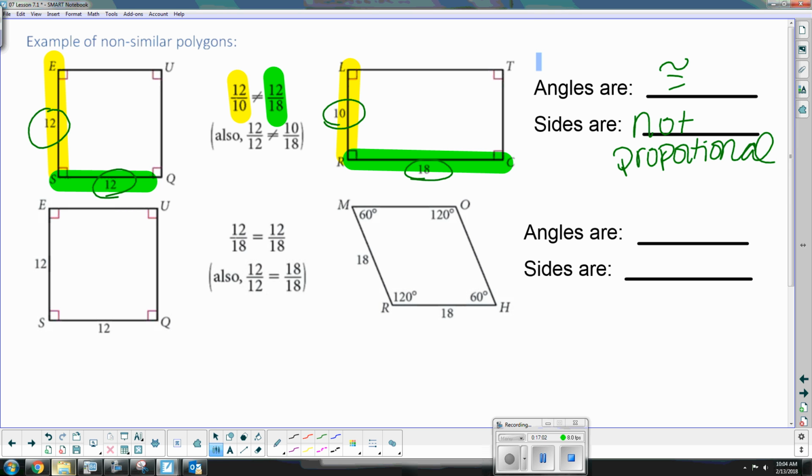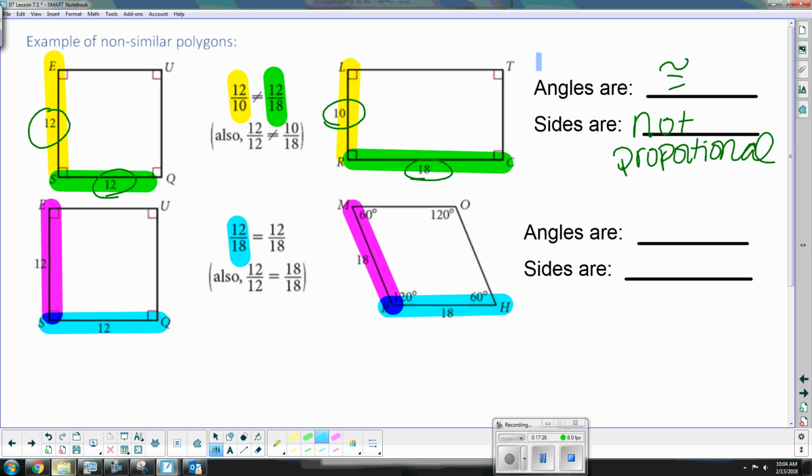And now let's look at the second one. So if you notice, side SQ correlates to side RH, and side ES correlates to side MR. So this ratio, 12 to 18, is equivalent to this ratio, 12 to 18.